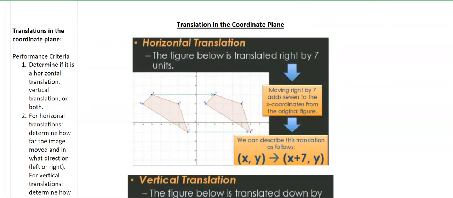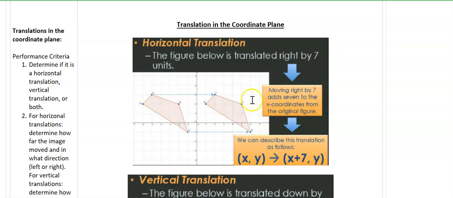Now, translation in the coordinate plane. If I look here, again, if I want these to be overlapping, I would need to move by 7 units. You can see it's translated to the right by 7 units.